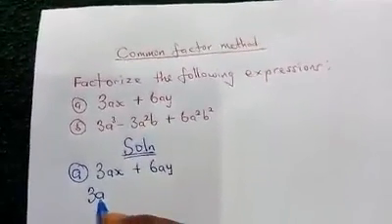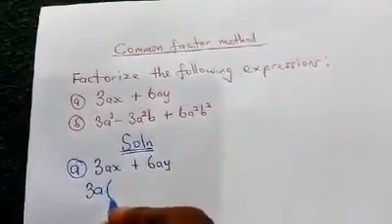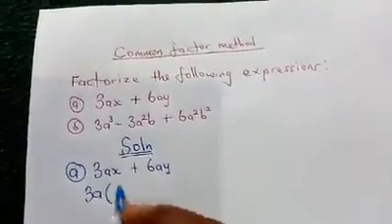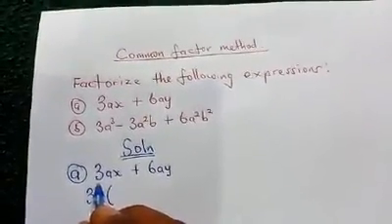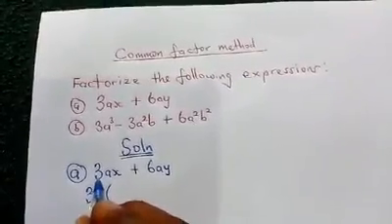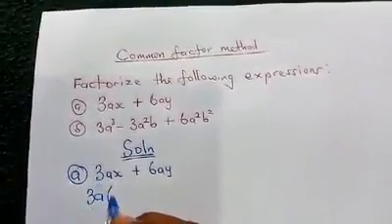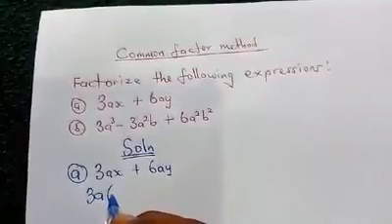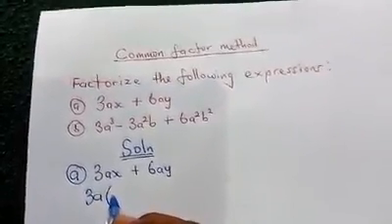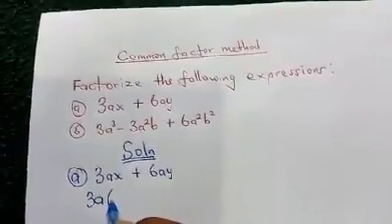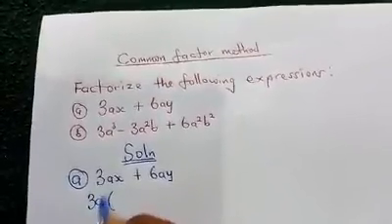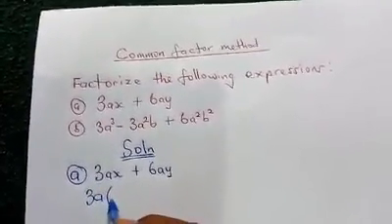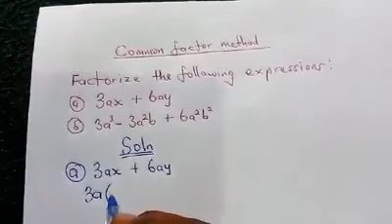Now when you are done, you open a bracket and then you begin to divide. So 3 divided by 3 is going to be 1, which we are not supposed to write. And then A divided by A, the same thing happens. It's going to be 1.